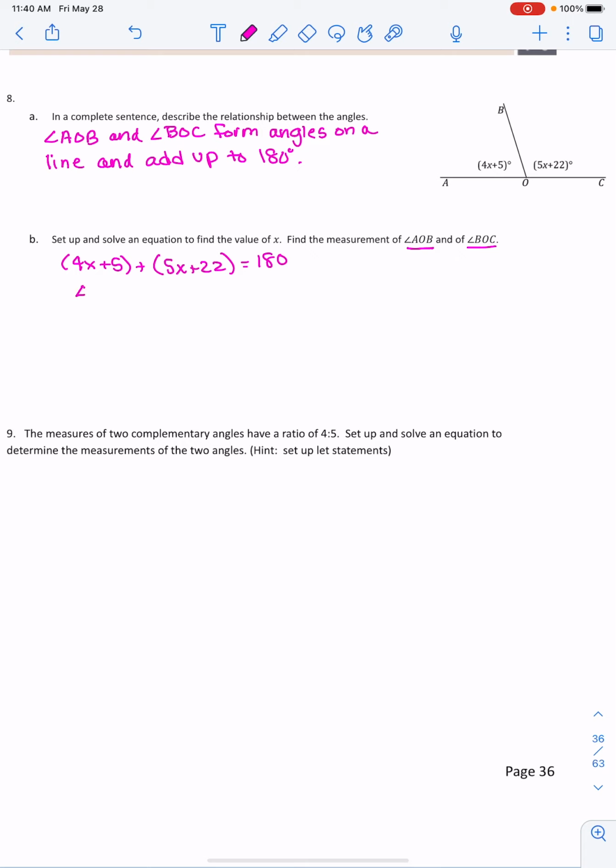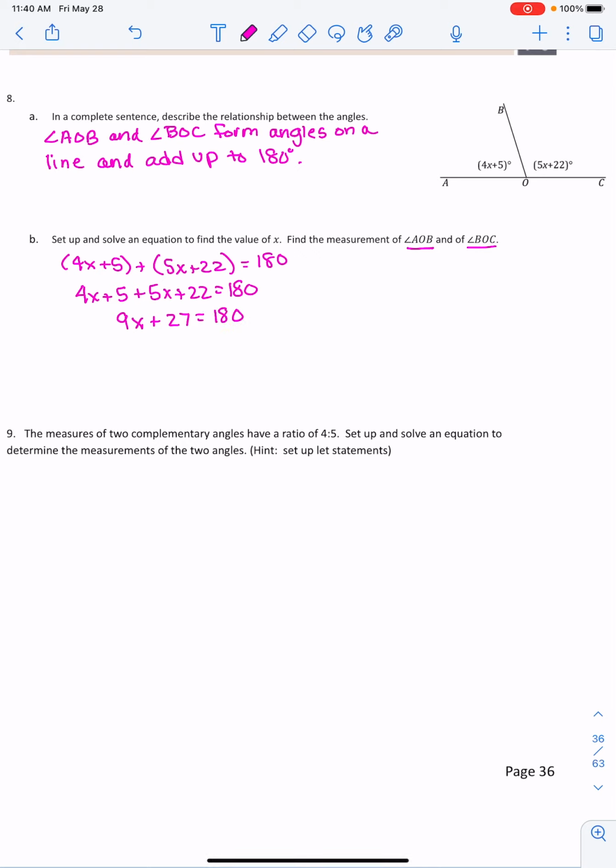So putting our x's and our numbers together, we have 9x plus 27 equals 180.